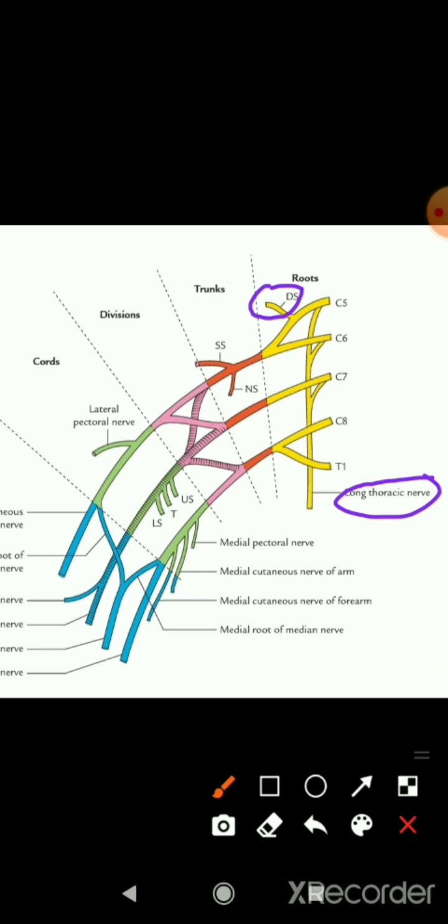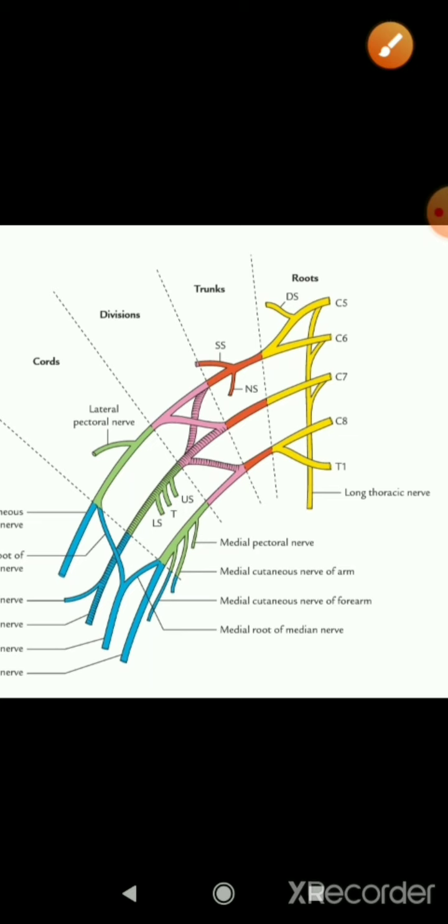The dorsal scapular nerve arises from cervical 5, and the long thoracic nerve arises from cervical 5, cervical 6 and cervical 7. So from the root there are two branches: one is dorsal scapular and another one is long thoracic nerve. Then come to the trunk.